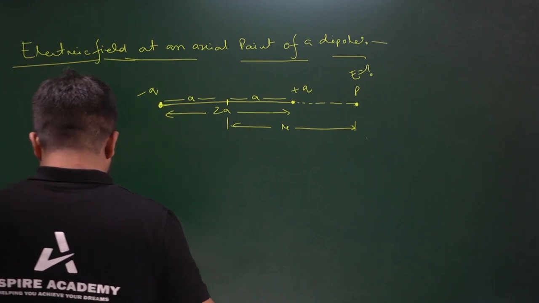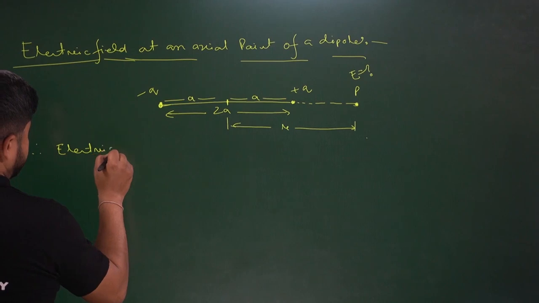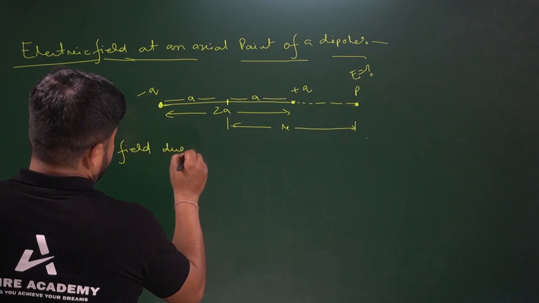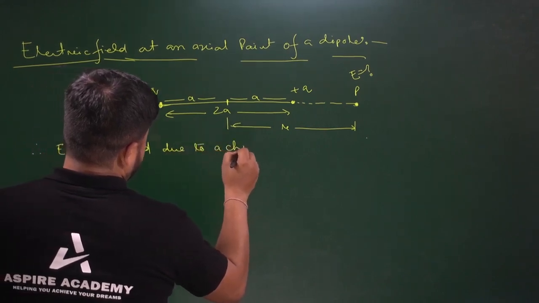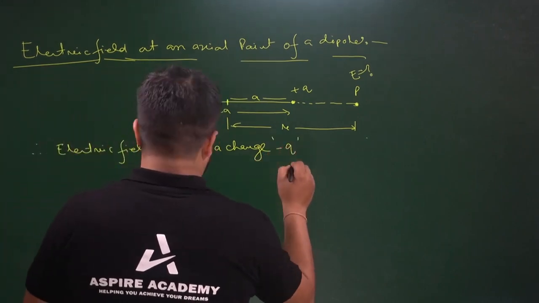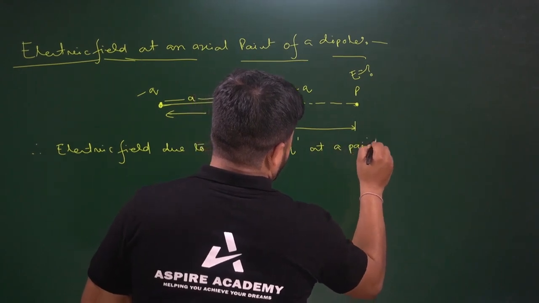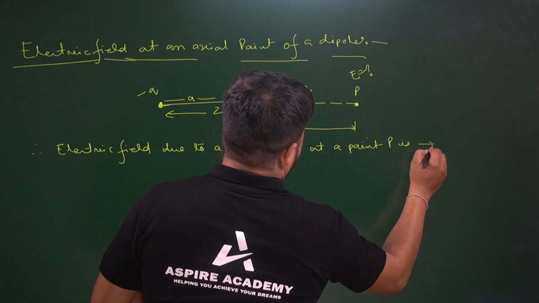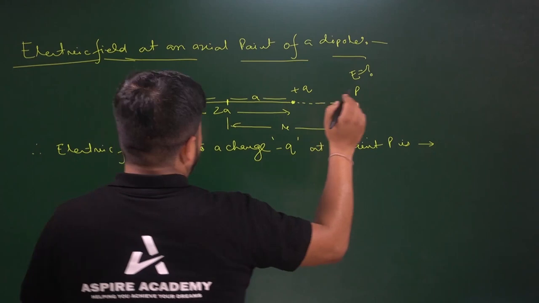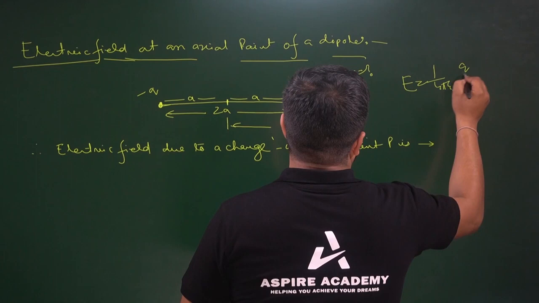Now we have to calculate the electric field due to the charge minus Q at point P. We know the electric field is 1 by 4 pi epsilon naught, Q by r square.